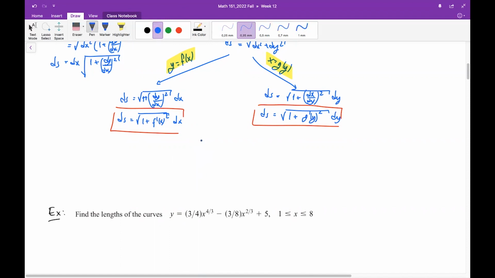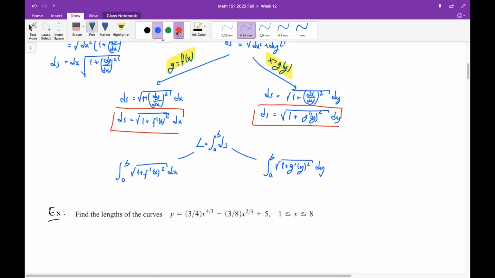So let's write this in the middle, the integral from a to b of ds, and it is written in this form: square root of 1 plus f prime of x squared, dx, or in this form, square root of 1 plus g prime of y squared, dy. So there is a square here, let me emphasize it.